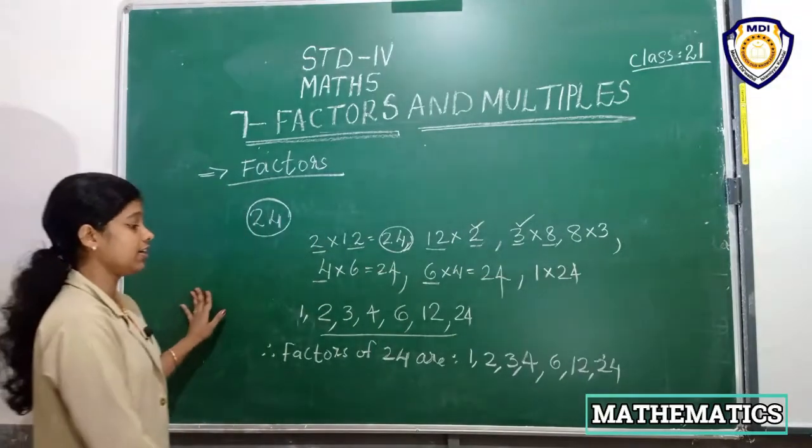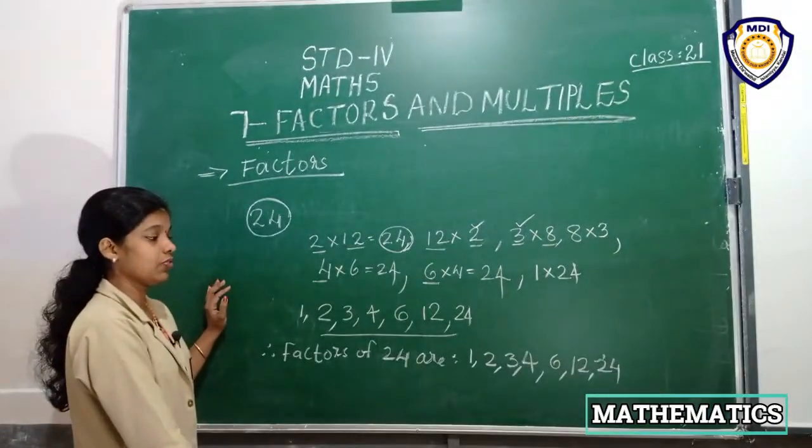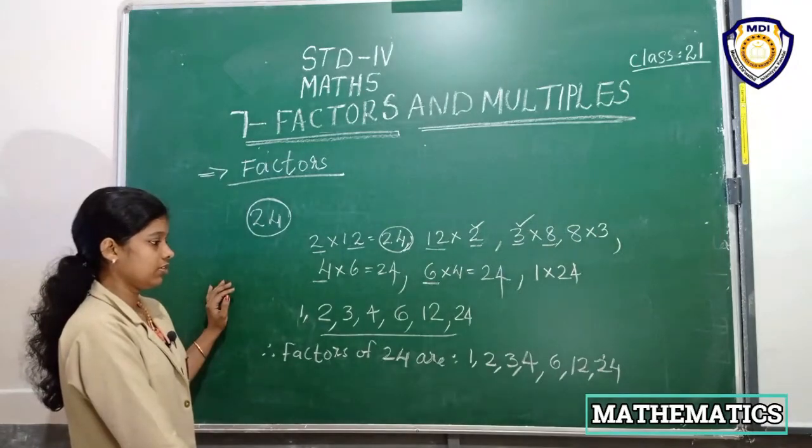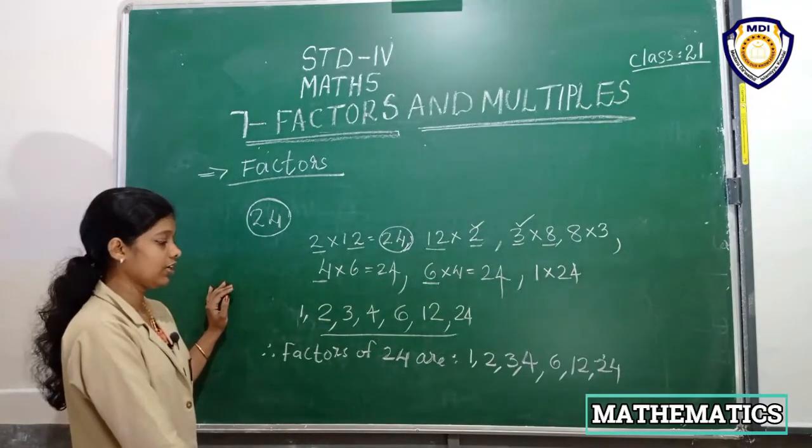Factors of 24 are 1, 2, 3, 4, 6, 12 and 24. Okay.